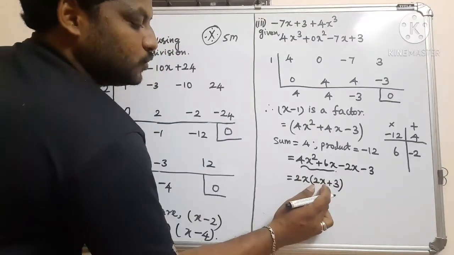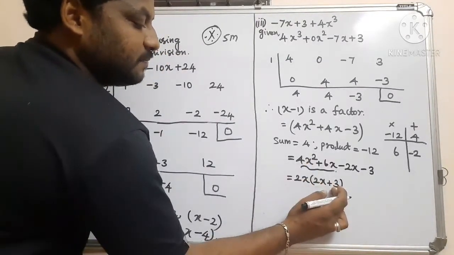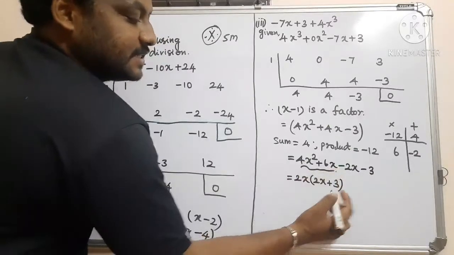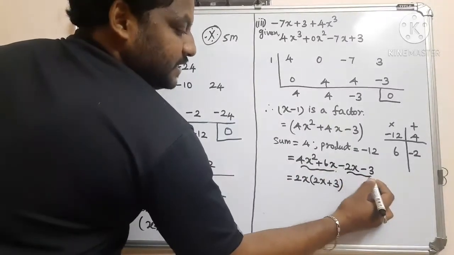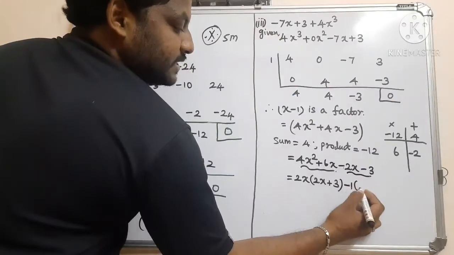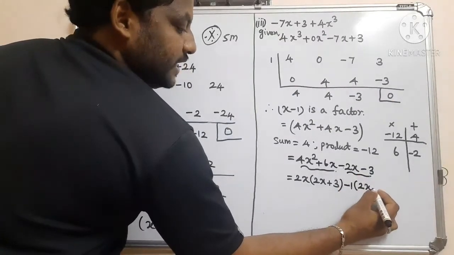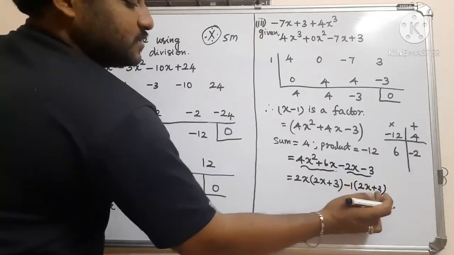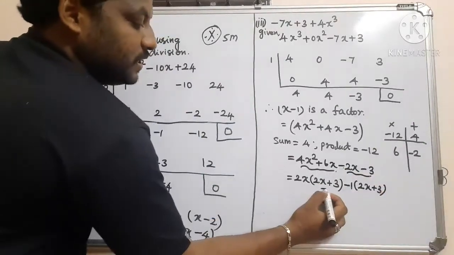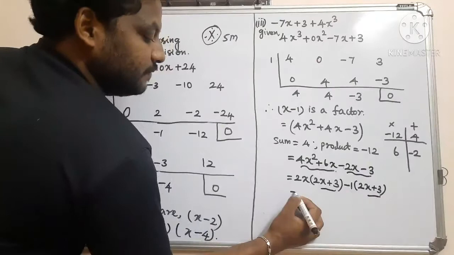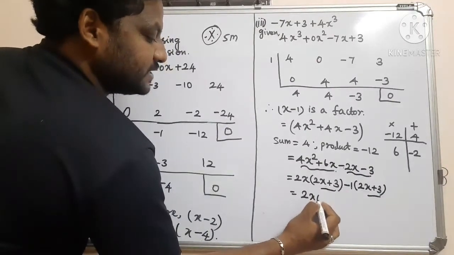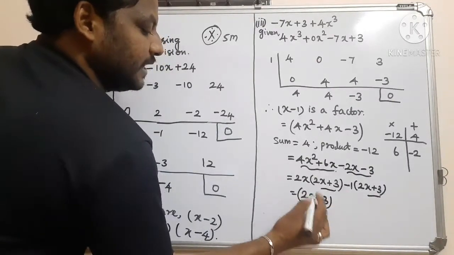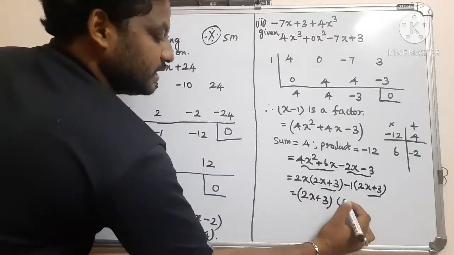So 2x into 2x, 4x square, 2x into 3, 6x. From the next two terms we can take minus 1 as common. So the remaining part is 2x plus 3. So minus 1 into 2x, minus 2x, minus 1 into plus 3, minus 3. Look, these two terms are the same. So 2x plus 3 is one factor, and the remaining 2x minus 1 is another factor.